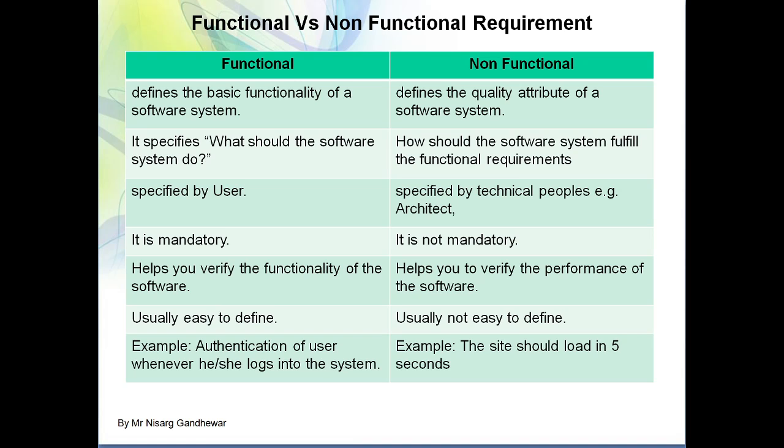Functional requirements are specified by the user, whereas non-functional requirements are specified by a technical person such as an architect. Functional requirements are mandatory and necessary, but non-functional requirements are not mandatory. A functional requirement helps you verify the functionality of software.